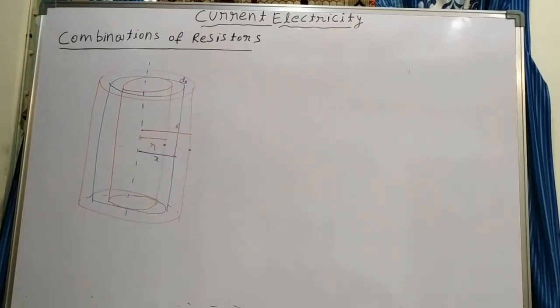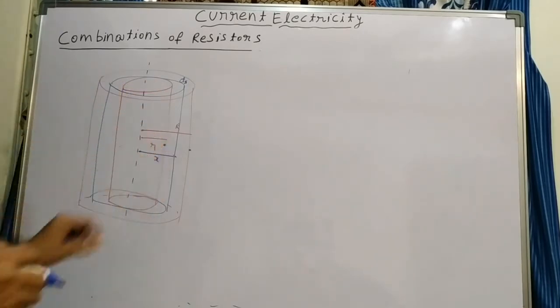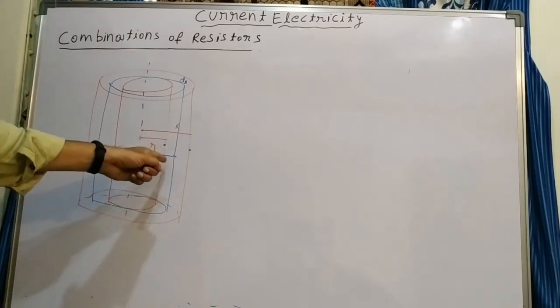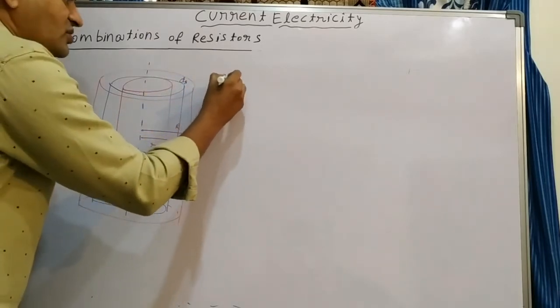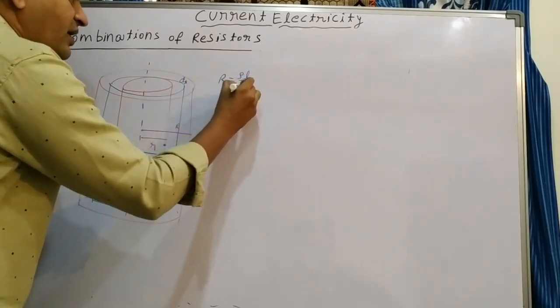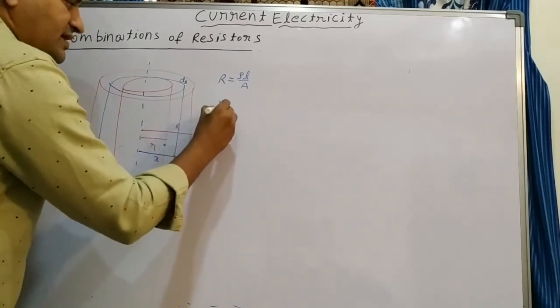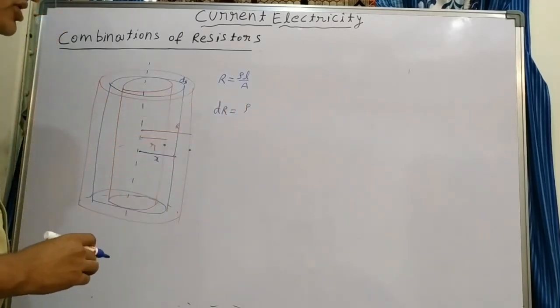First you calculate the resistance of this small portion at some particular position. Thickness you can take as dx, and the radius is x distance. The general resistance formula is R is equal to rho L by A. Here we are taking a small sample of resistance. Rho is constant everywhere, it is made of the same material.